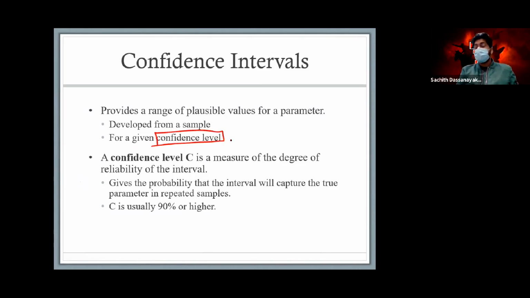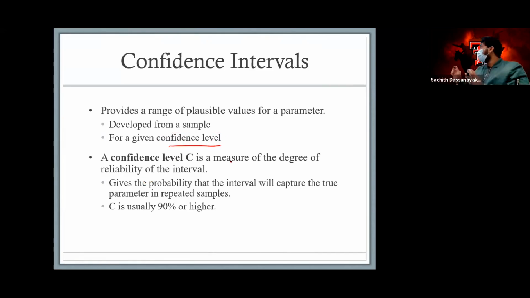For a given confidence level. Confidence level means we are confident. We have a confidence to say, for example, 90% confidence, 95% confidence, which means we have 95% confidence to say this. That is the confidence level we are talking about here.